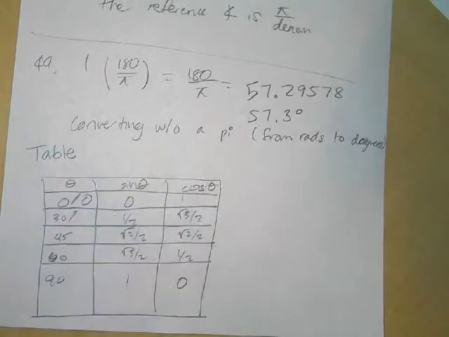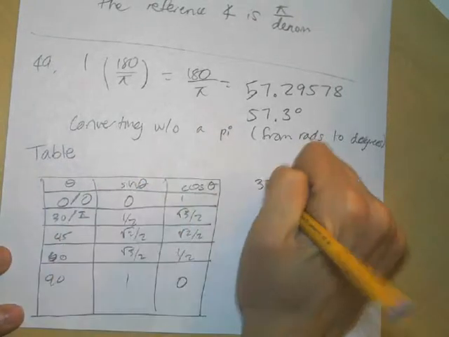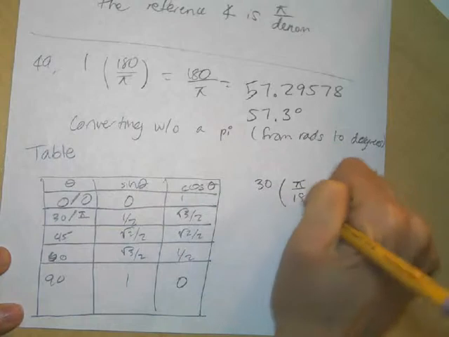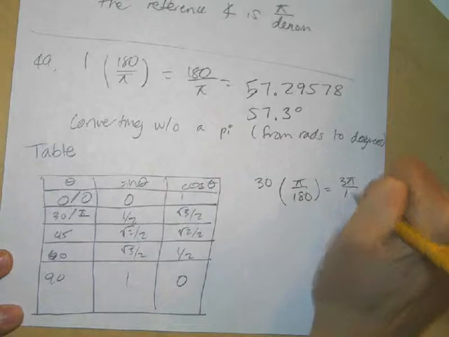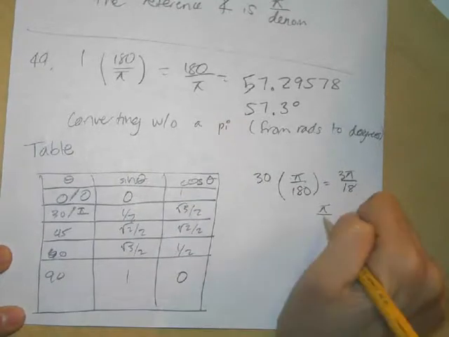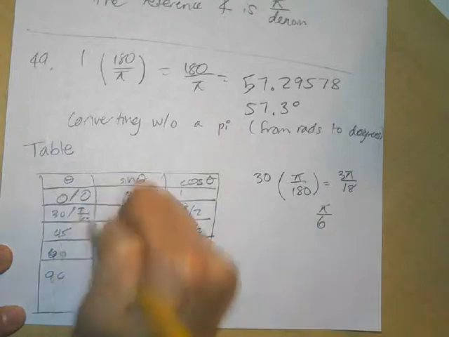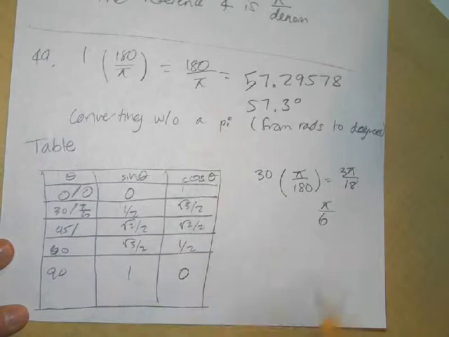30 is the same as pi over what? So if I take 30 and I multiply by pi over 180, what does that give me? 3 pi over 18, or what? Pi over 6. Good, so this is pi over 6. 45 is going to be what?